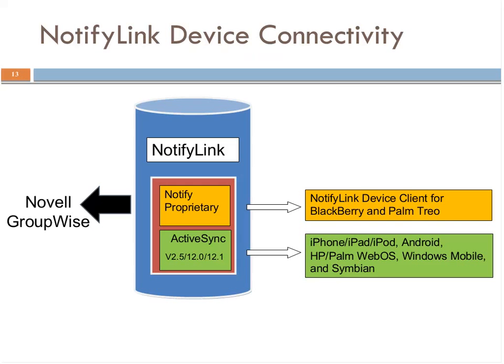So you can see in this picture that Notify Link actually has an ActiveSync connector integrated inside of itself, and it's a very robust ActiveSync connector. It supports versions 2.5, 12, and 12.1 of the ActiveSync protocol.